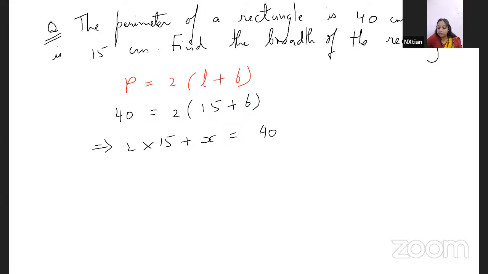You have taken 2 to the side first. 15 plus x is equals to 40 by 2. Then 15 plus x equals to 20.